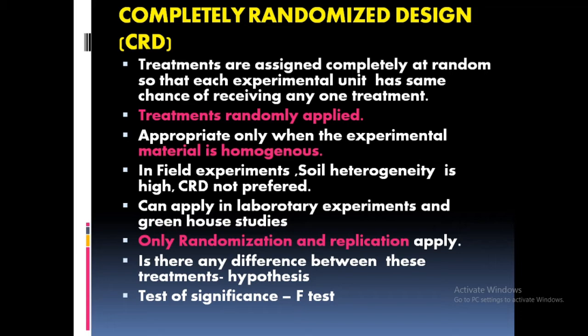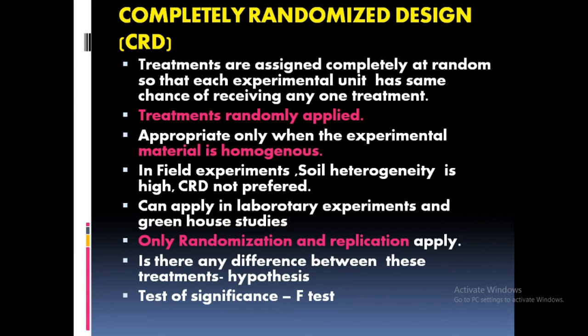Here only two principles are applied, randomization and replication. Replication is there, as we repeat the treatment. Randomization is very important here. So is there any difference between the treatments? After treatment you have to find that out. We will write a hypothesis and test it using a test of significance.